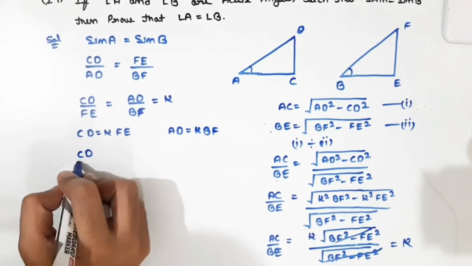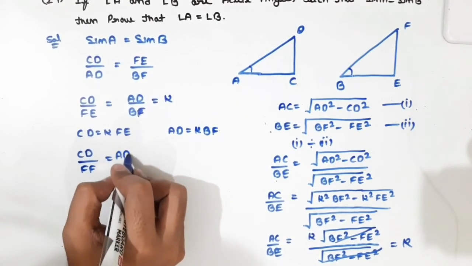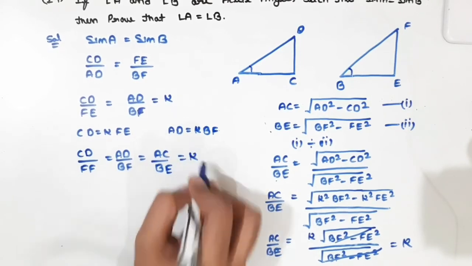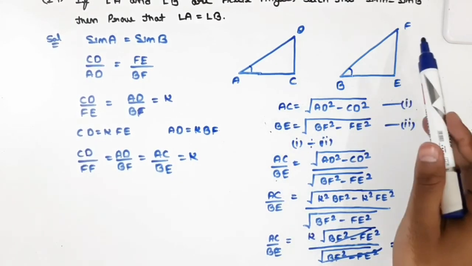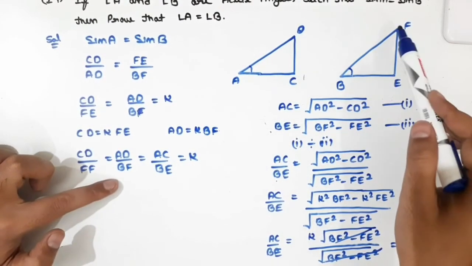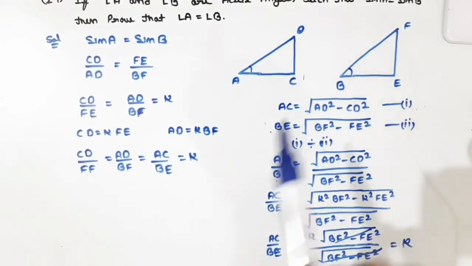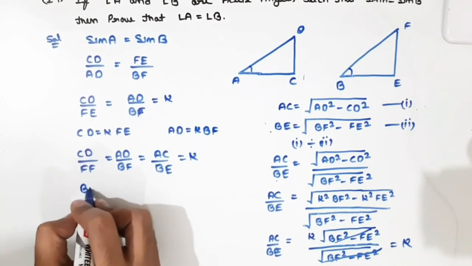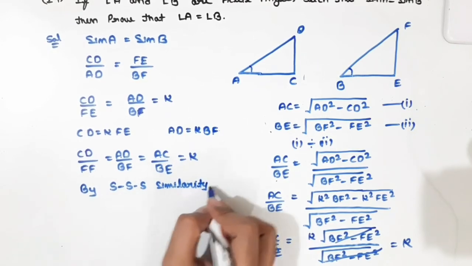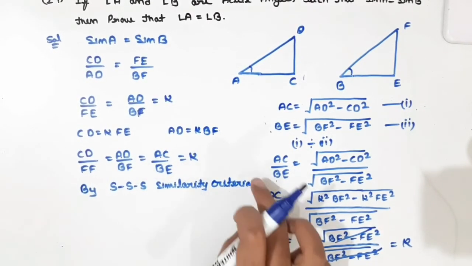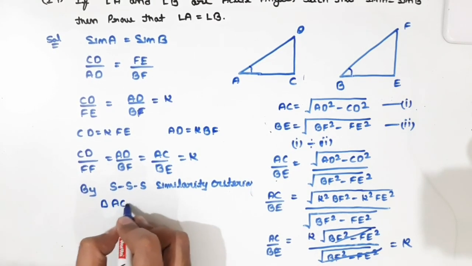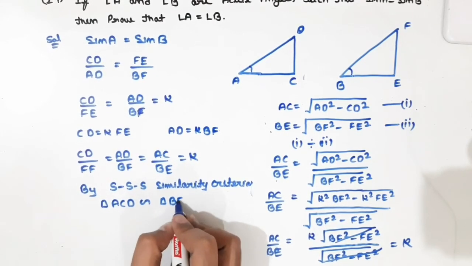Now CD upon FE equals AD upon BF equals AC upon BE equals K. So from here, in triangle ACD and BEF, the ratio of corresponding sides CD upon FE, AD upon BF and AC upon BE equals K. That means, because the ratio of all three sides of the triangles is the same, by the side similarity criteria, triangle ACD will be similar to triangle BEF.